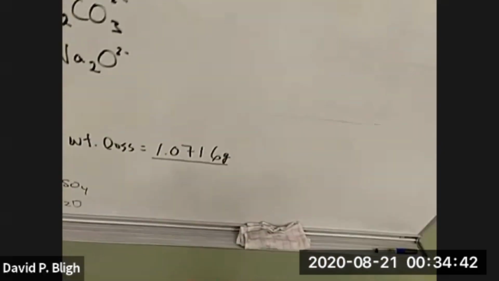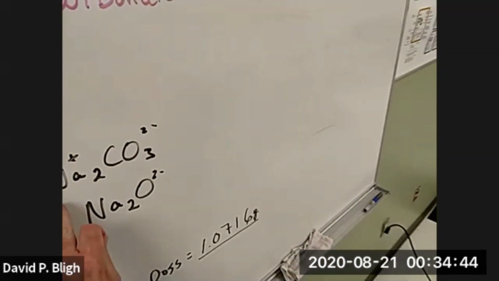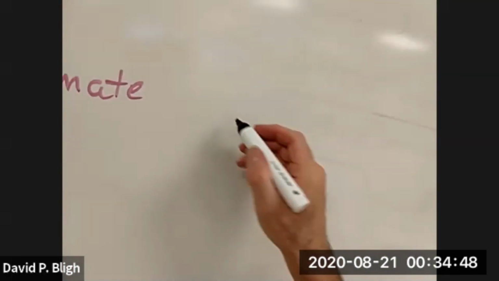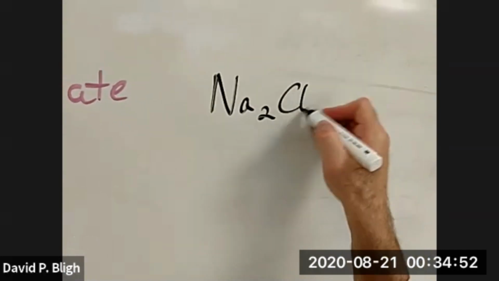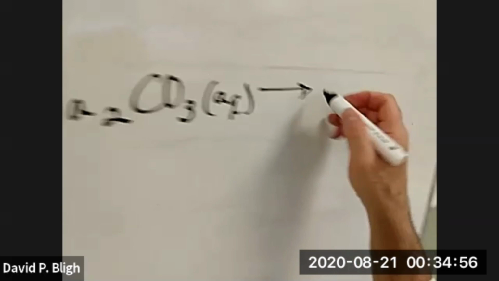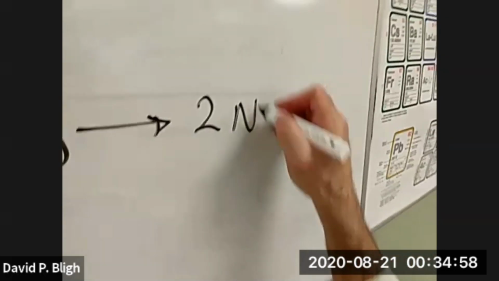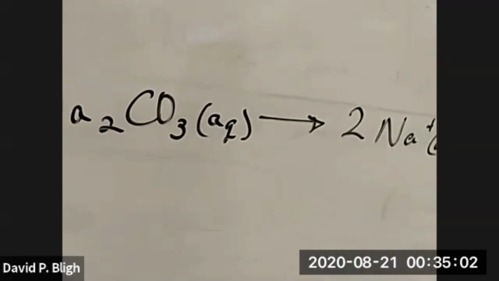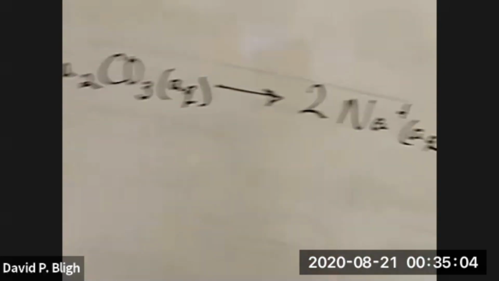So what are we looking at? What happens when you put these in solution? Sodium carbonate in solution yields sodium ions and carbonate ions.